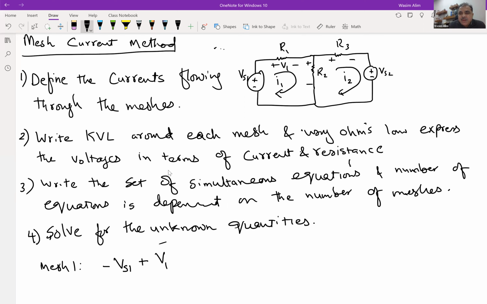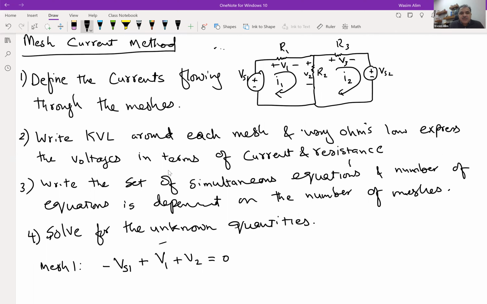This is V1. This is V2. Based on the subscript of the resistor, I am assigning these voltages. So there are 3 voltages across 3 resistors, and I'm just going to write those. And then the third one is plus V2 is equal to 0.